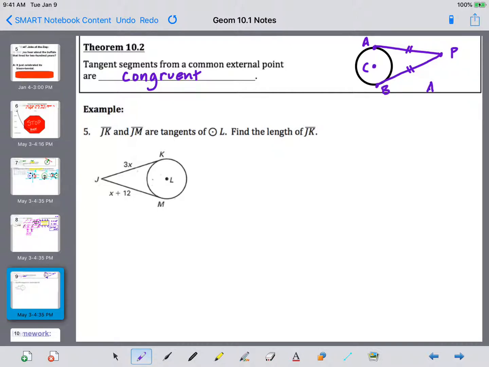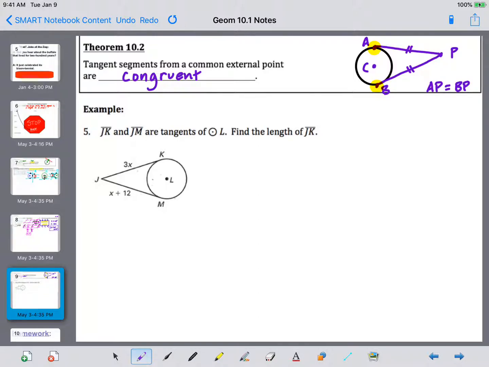So we could say AP equals BP. So those two segments are congruent, so their lengths are equal. All right, and that's only true if those points A and B are tangent, so just be careful with that.